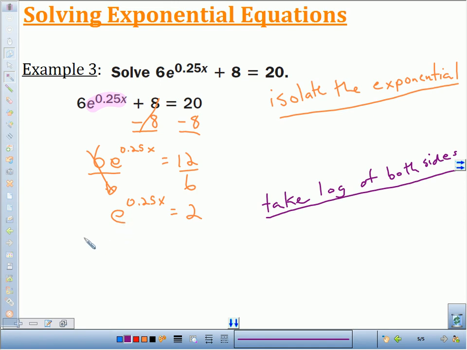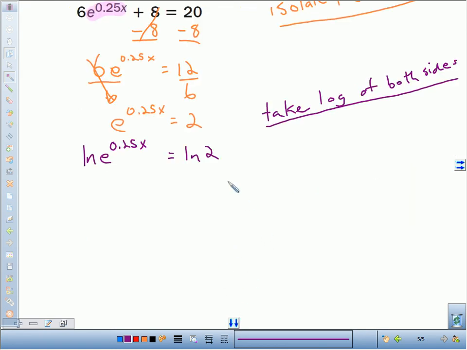And log base e, of course, we know is ln. So we're going to do ln of e to the 0.25x, and that equals ln of 2. Now when we do this, of course, we know that the ln of e cancels out, leaving us with 0.25x equals ln of 2.